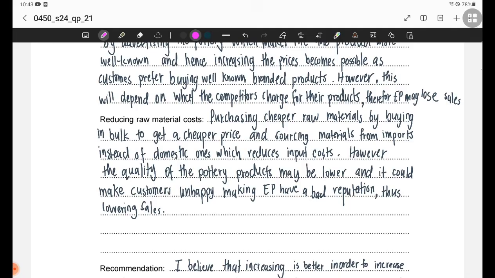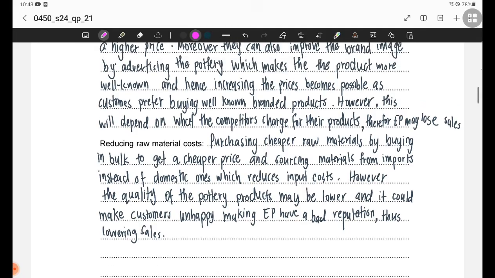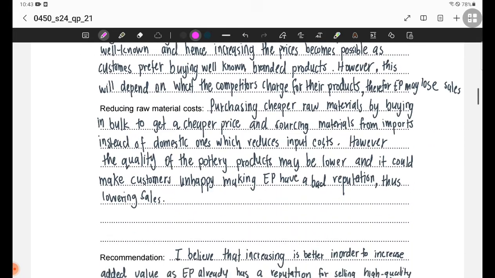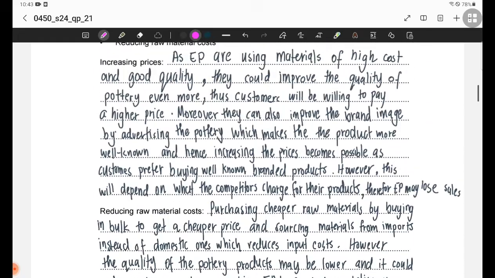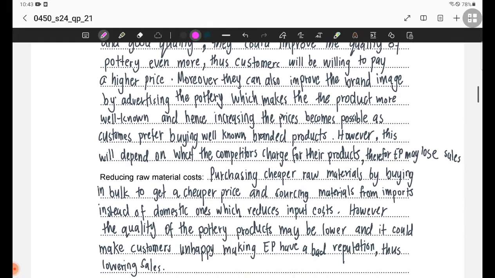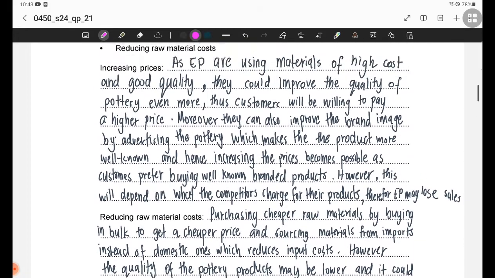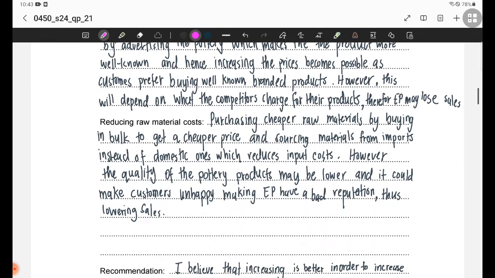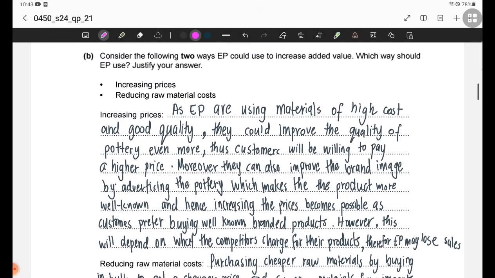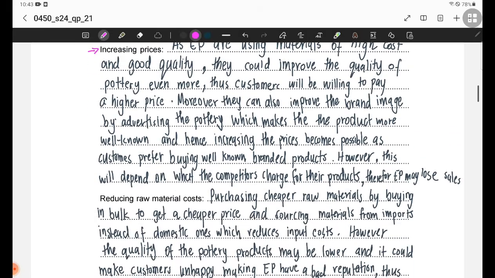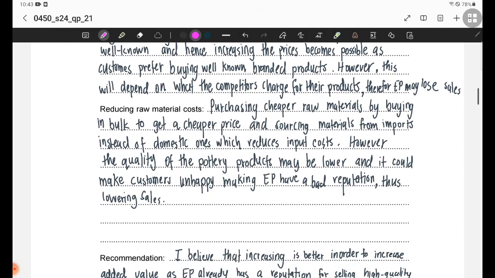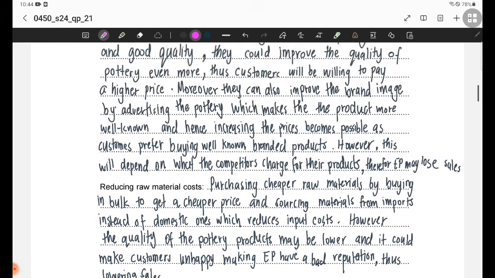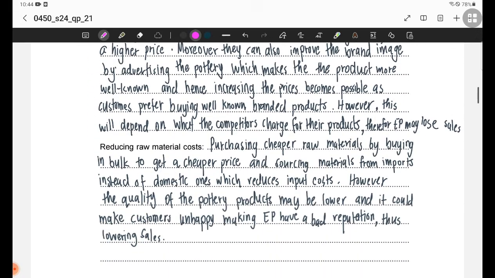So this is obvious, all right? Usually when choosing a way for the recommendation, there's no wrong or right answer, but mostly for this question, I believe that it's safer to choose the first one, as you have more main ideas to talk about, and you can link it more to your case study.